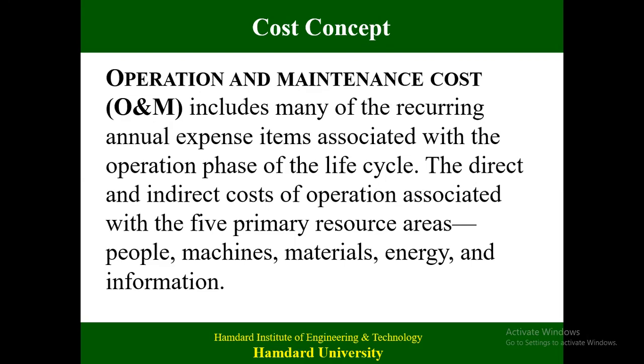Now moving towards the aspect of operation and maintenance cost, which plays a vital key role in the cost concepts. It includes many of the recurring annual expense items associated with the operation phase of the life cycle, the direct and indirect costs of operation associated with the five primary resource areas, which are people, machine, material, energy, and information.